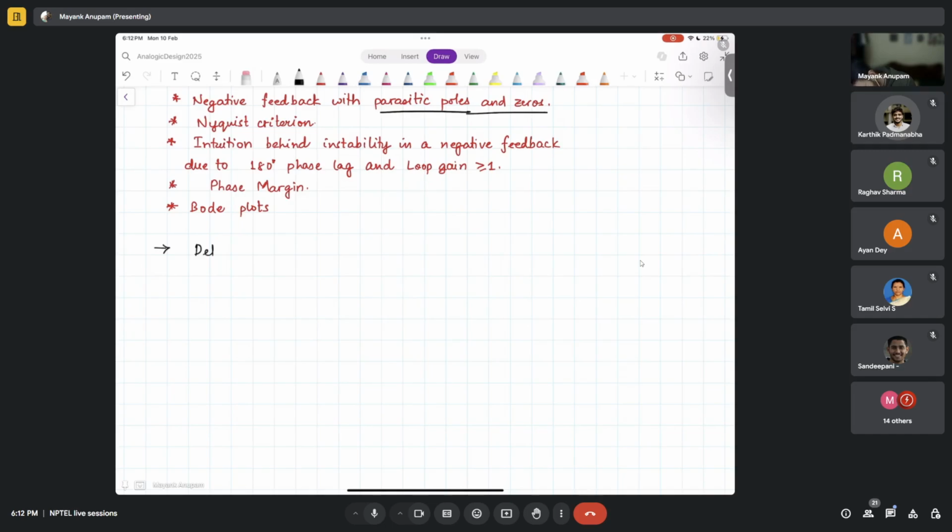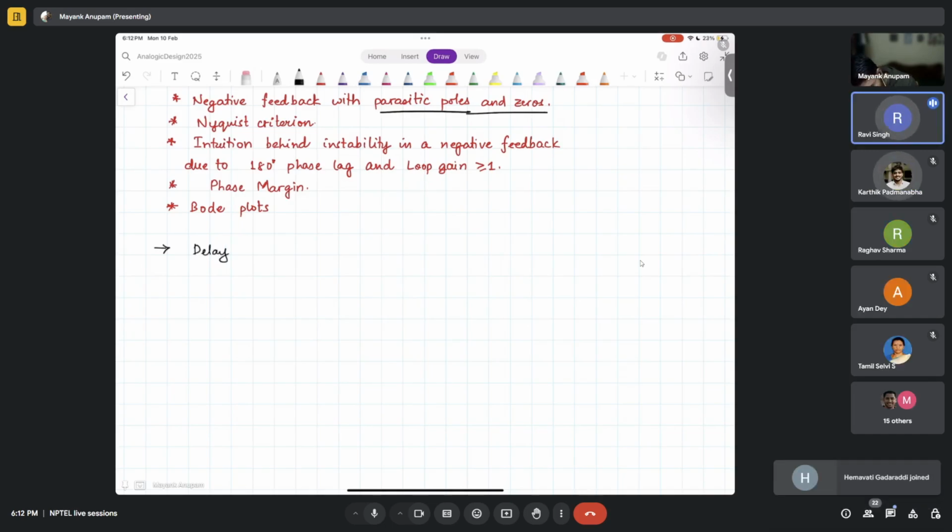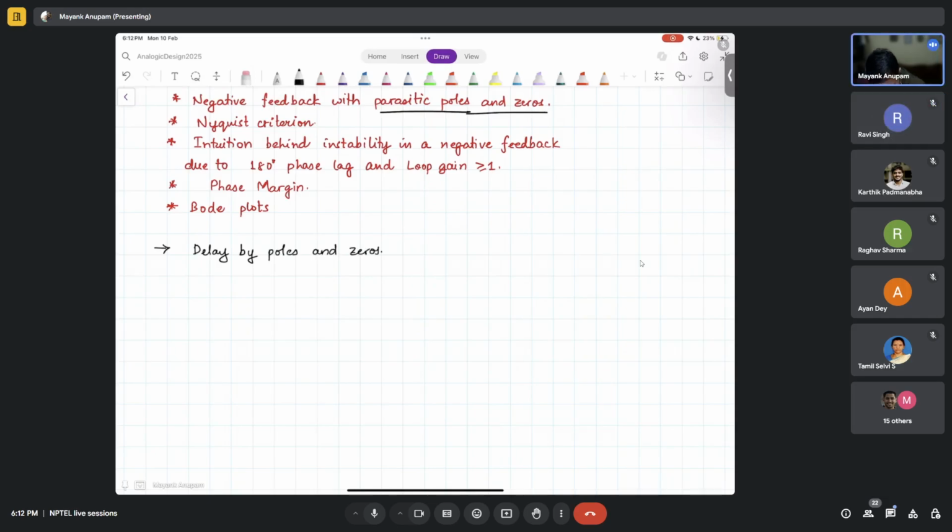They are introduced by the parasitic capacitors, and charging and discharging them takes time. So there would be an inherent delay because of that. Yes, good. You're right.